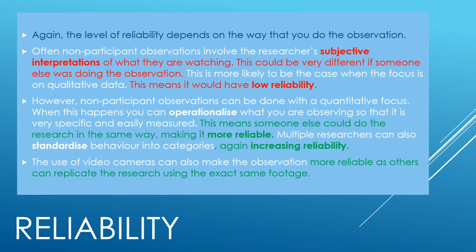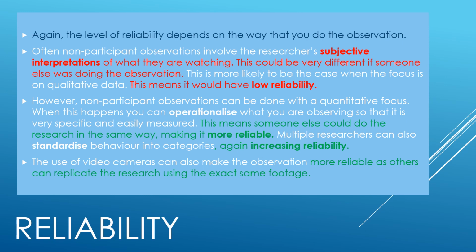You can all standardize, key term, standardize the behavior into categories so that somebody else who wanted to do the research again has got a really easy job of saying, well, that's what we're looking for, that's clearly what it is, and this is not in that category and is in this category.